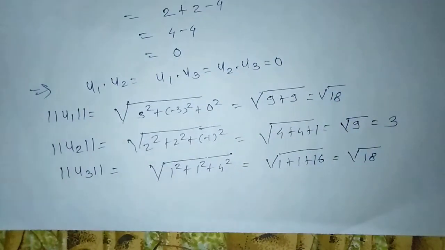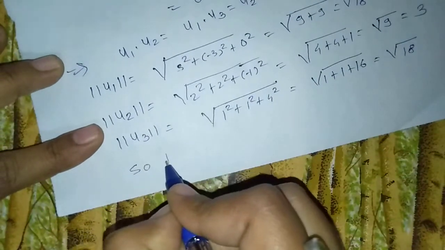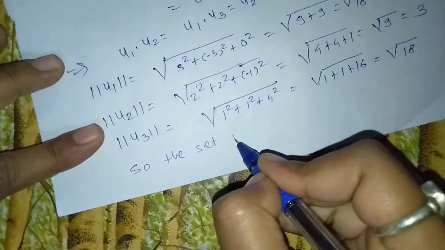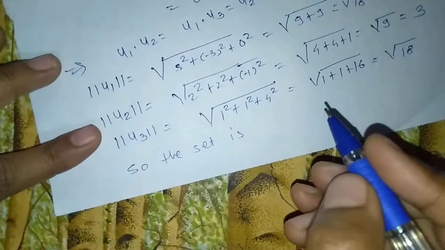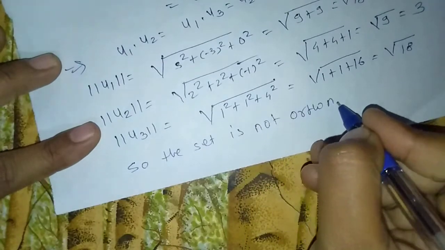Now here you can see that the norm of each vector is not equal to 1. So this set is not orthonormal. The set of U1, U2, U3 is not orthonormal.